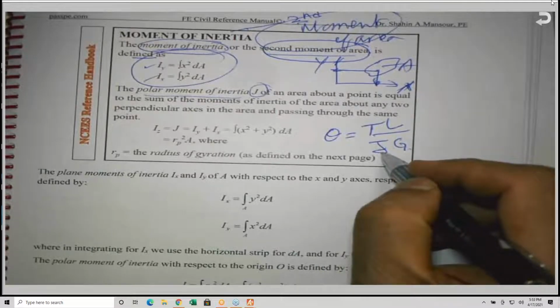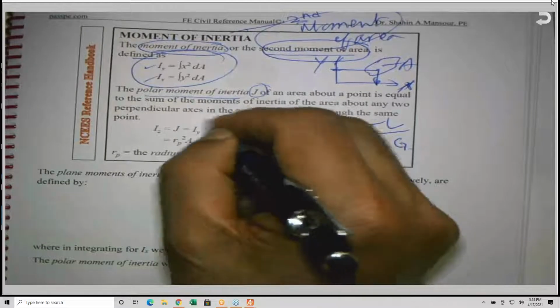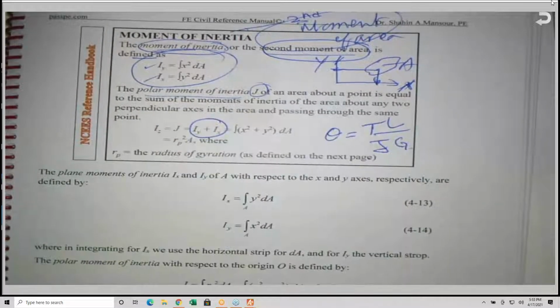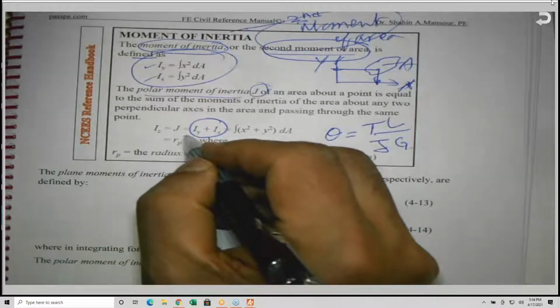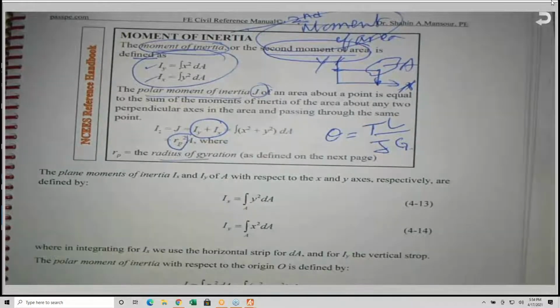J is the polar moment of inertia, G is called the shear modulus, something different. But J is the sum of Ix plus Iy. It's called the polar moment of inertia. Okay, which is the R distance, R polar, which is the radius of gyration.